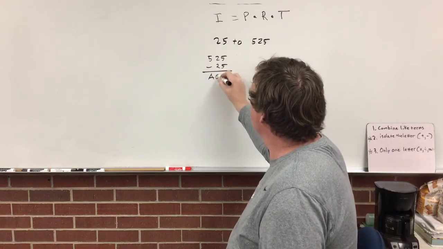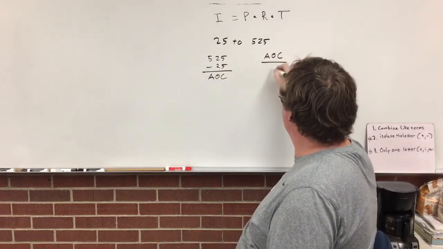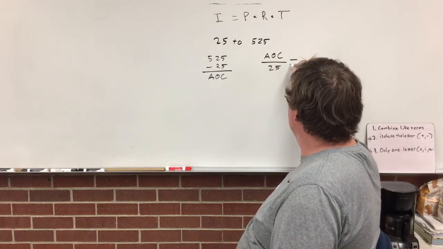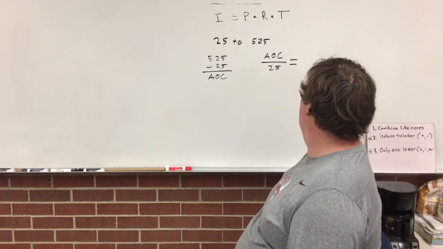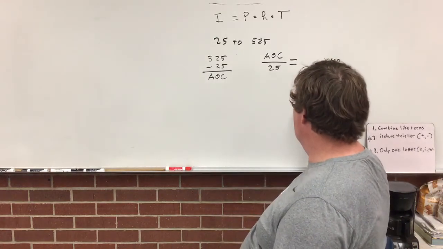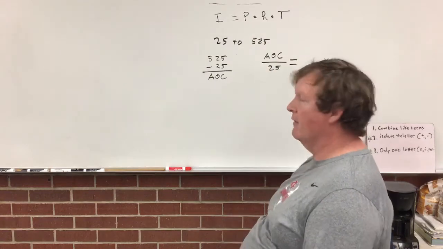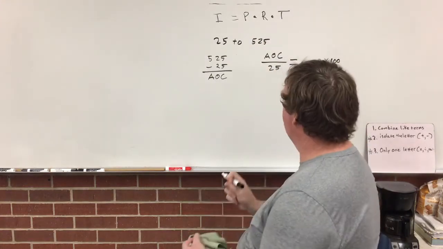Get that amount of change, and then take that and divide it by the first number, and then multiply it times 100. This is going to be a large percent. That is a huge amount of change of increase there. Almost like 500%.